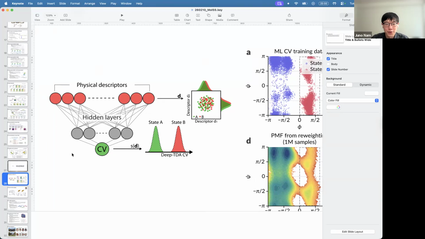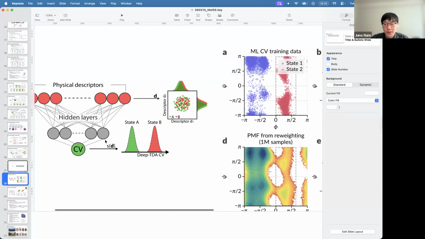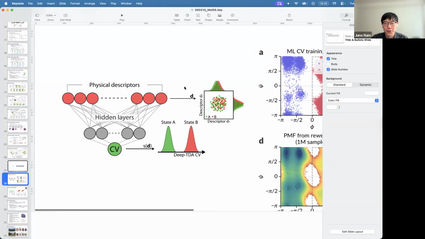We train a shallow neural network to match one distribution to one Gaussian in the CV space and the other distribution to another Gaussian, and then use the shallow neural network trained by this procedure as a collective variable.